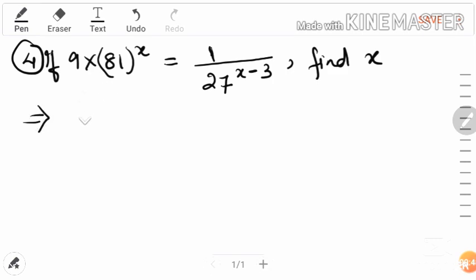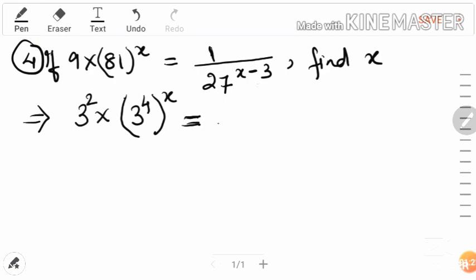Left hand side will be written as 3 to the power 2. Write each number as a number with power. So 9 is 3 square into 81 can be written as (3 to the power 4) whole to the power x, equal to, on the right side the number in the denominator needs to be shifted up.